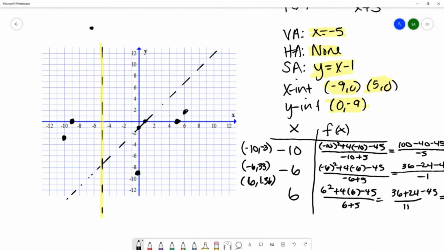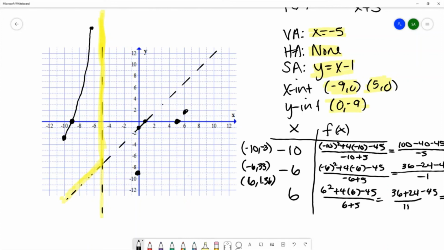So we have a few points now, and we're going to use the asymptotes as guides on how to draw the graph. Remember, the asymptotes are kind of like fences blocking the line in. So these 3 points on the left here, they're going to connect to each other. But then this vertical asymptote, sorry, my pen's not working. This vertical asymptote and the slant asymptote are kind of fencing in that part of the curve.